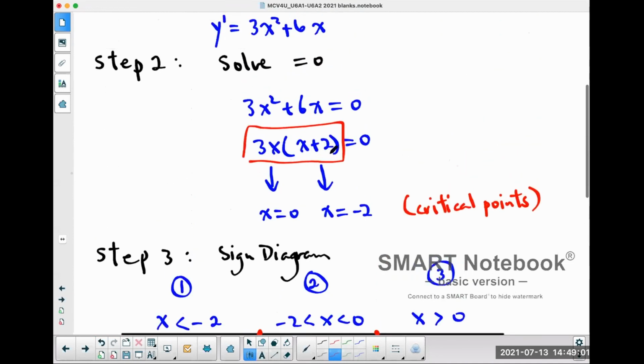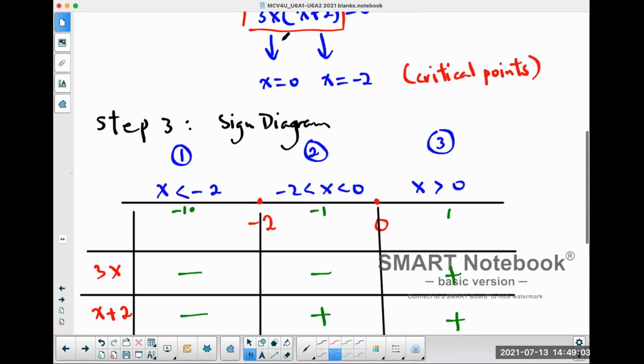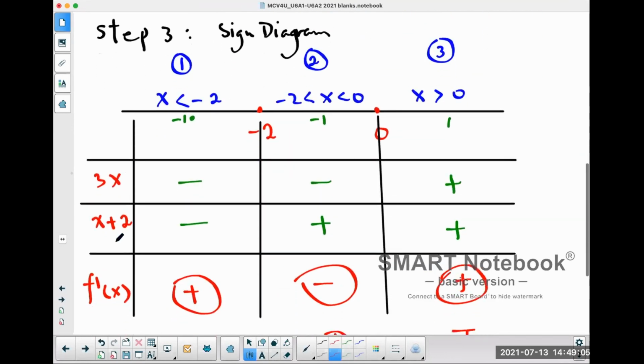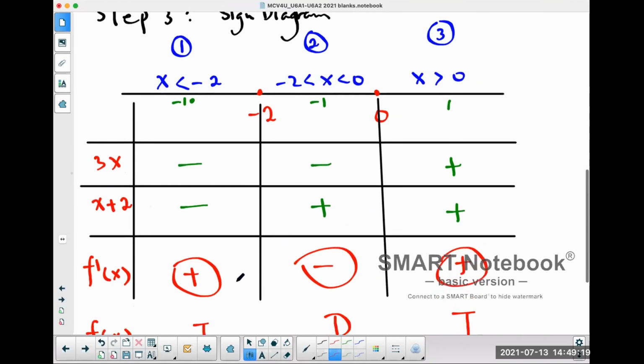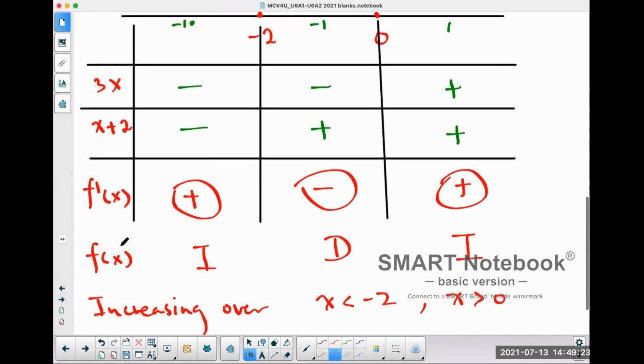So 3x times x plus 2. And you put each of those factors on the side. And you check with a number in each of those 3 regions to see if those are positive or negative. With the sine diagrams, you can decide whether the derivative is positive or negative. If the derivative is positive, the graph is increasing. If the derivative is negative, the graph is decreasing.